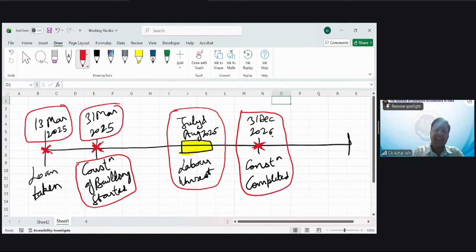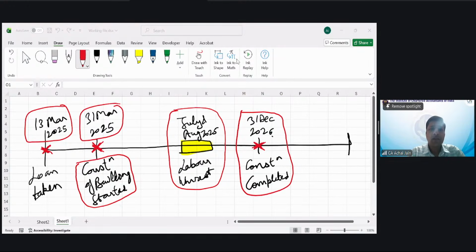Or do we say it's in the normal course of business for such type of activity to take place? So the standard says that if there is any stoppage, any suspension, which is abnormal, then for such period, you will not be able to capitalize the interest.